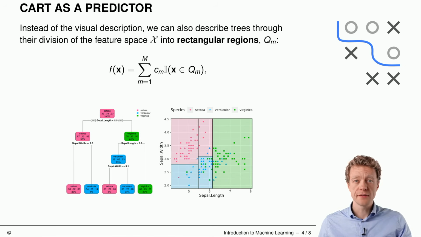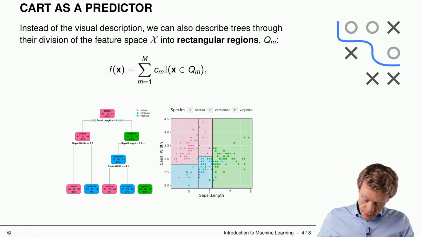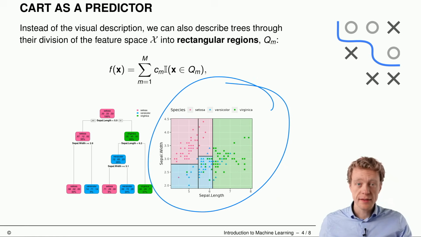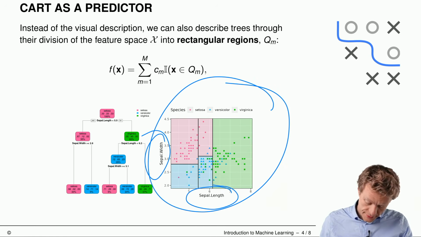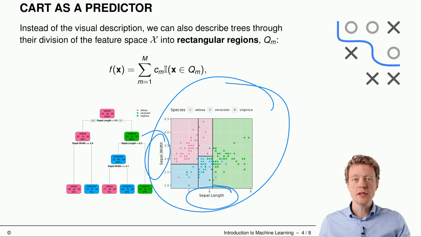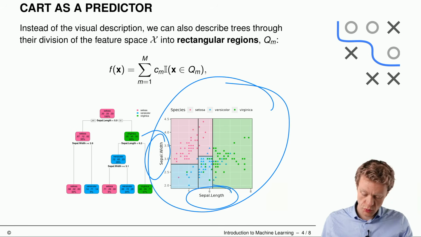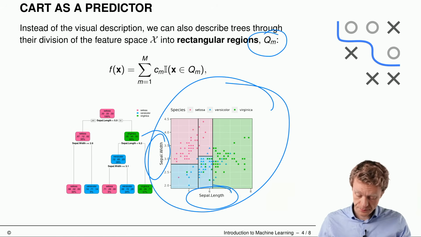Instead of this visual description as binary decisions, we can also describe trees through their divisions of the feature space X. The feature space is visualized here on the right-hand side. So we have two features, sepal length and sepal width. And what the tree does is it partitions this feature space into rectangular regions, which we can call Q, for example.